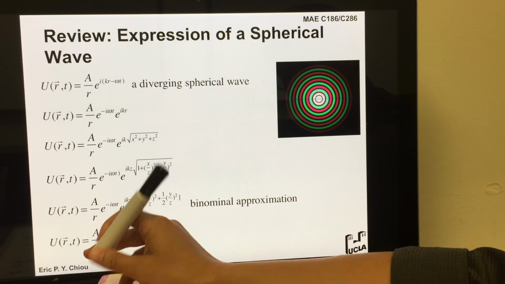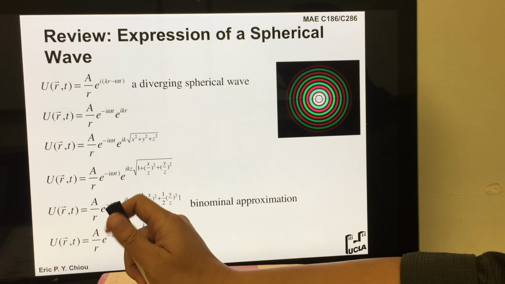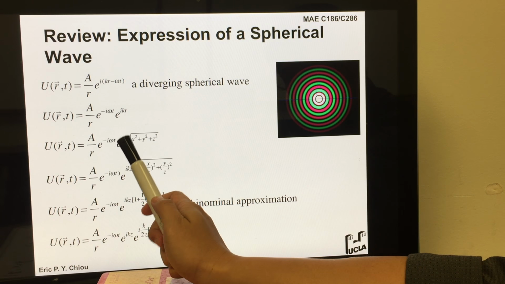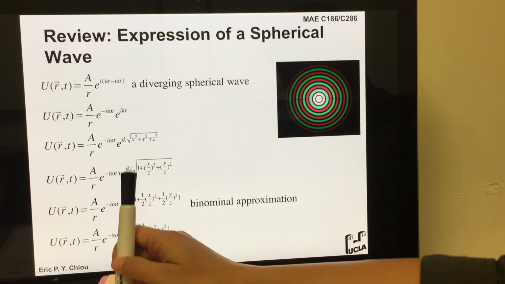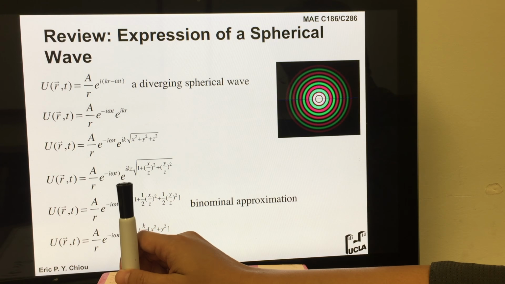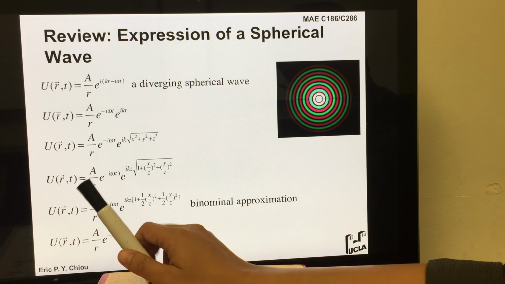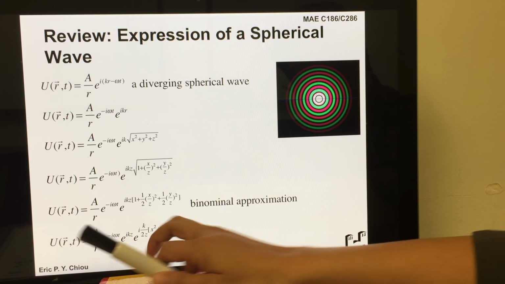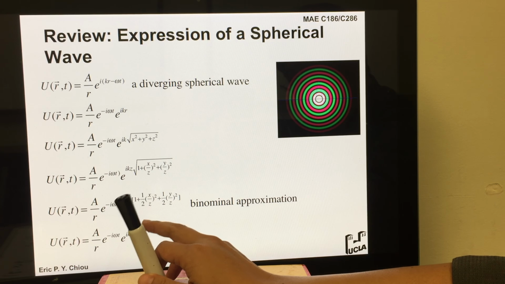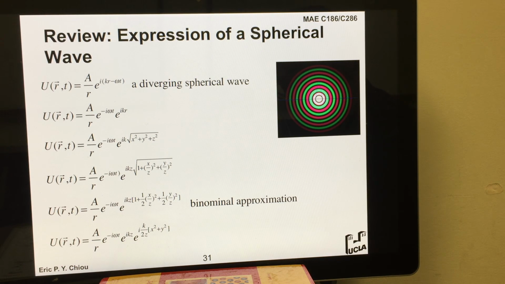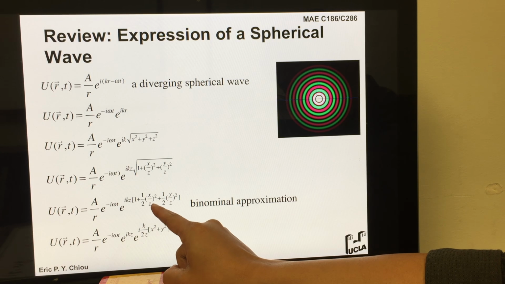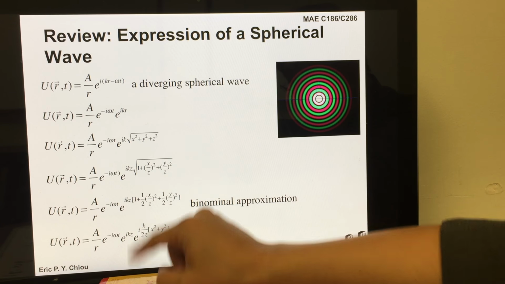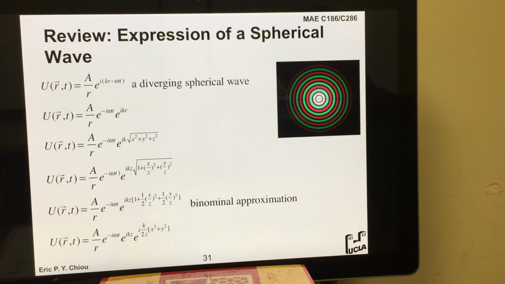Let's focus on this e^(ikr) term, and you can replace the r using the Cartesian coordinates x, y, and z. You can then do a binomial approximation, or you can call it a paraxial or small angle approximation, so that you can use this parabolic form equation to calculate a spherical function.